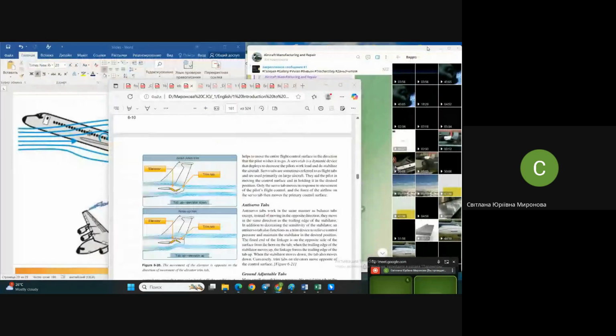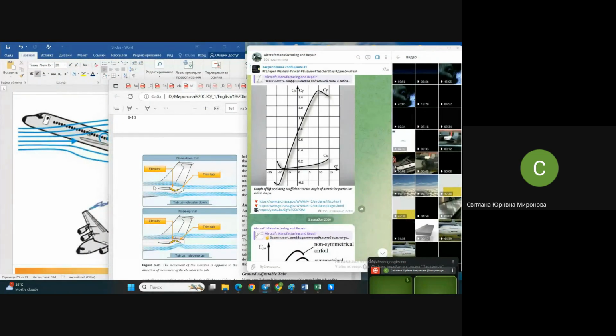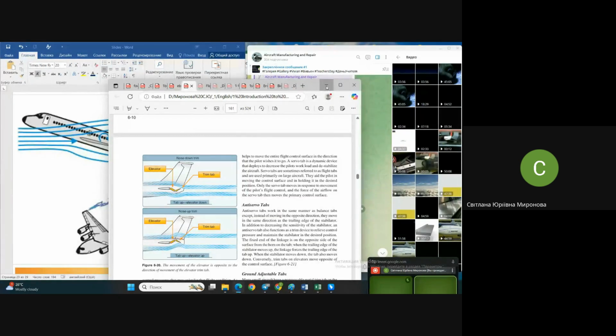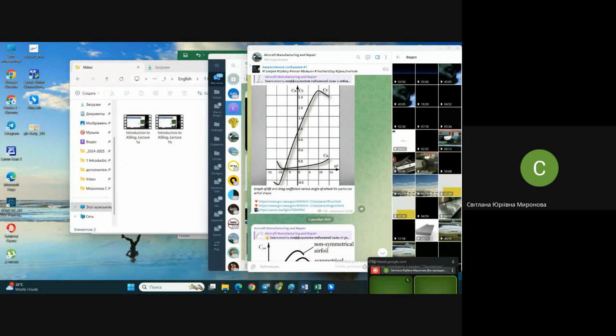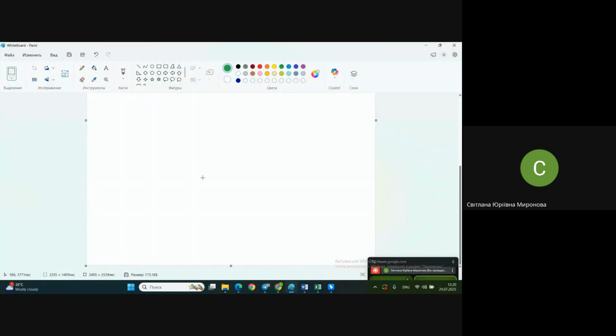And one more thing I propose you do right now, a sort of little game. Let's do it together. For instance, we need to create an airplane.